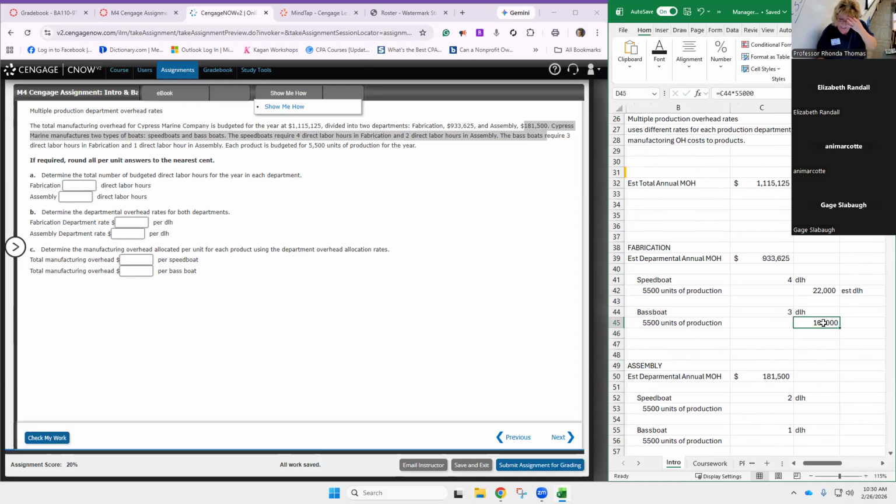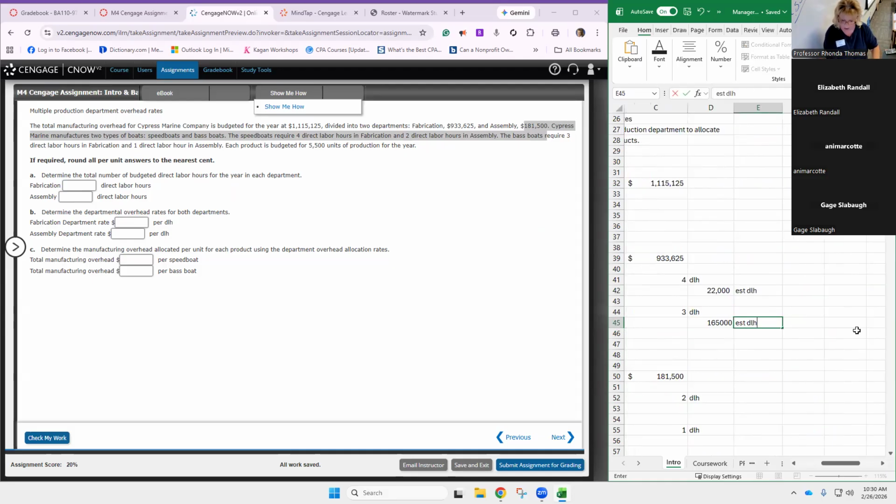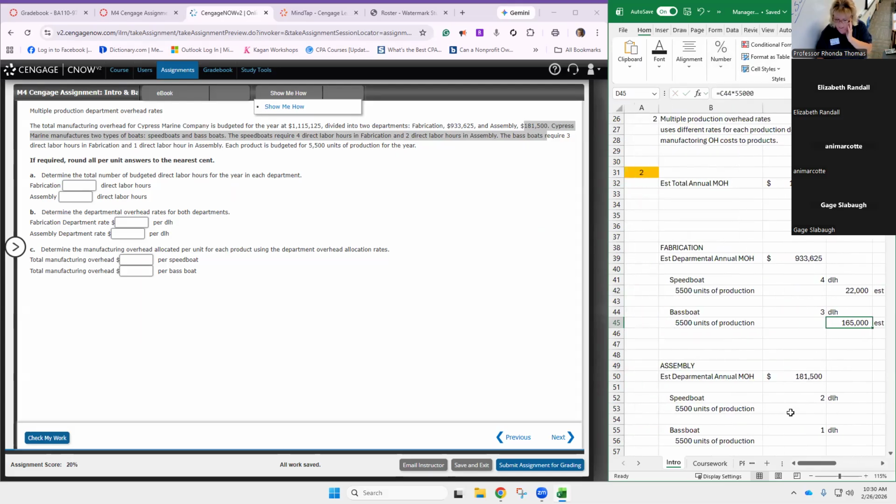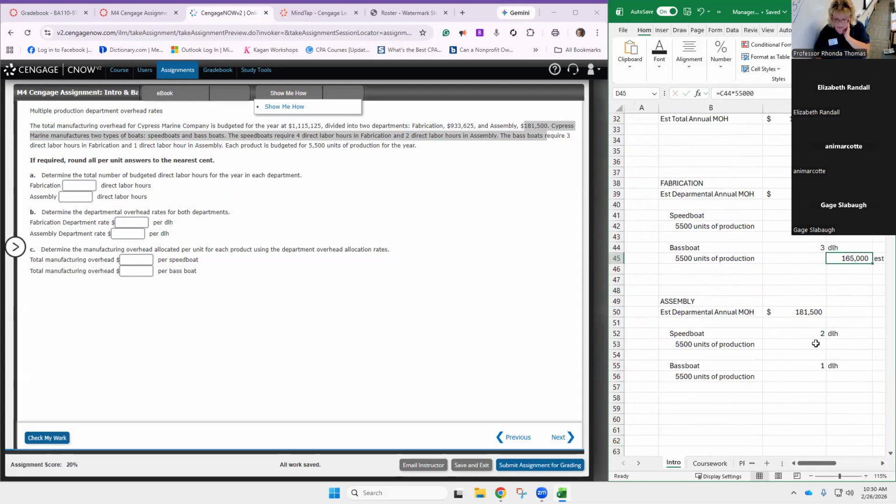There's 16,500 estimated direct labor hours. Back over here, now we just need to do that for these. So equals 2 times 5,500 to get direct labor hours of assembly for the speedboats, right?